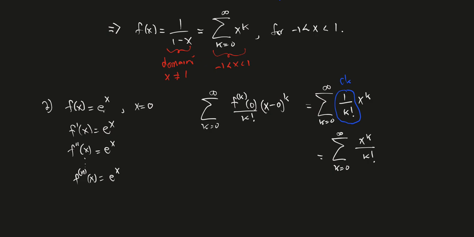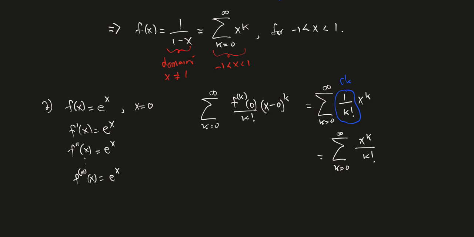In other words, I can replace the function with the power series, knowing very well that they will give me the exact same result. So let's see if we can figure out the interval of convergence for this.